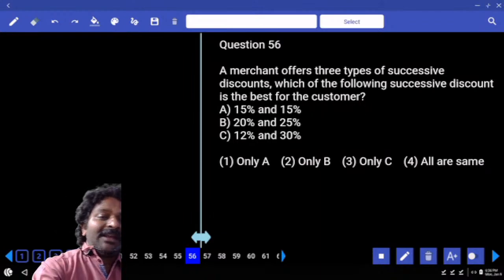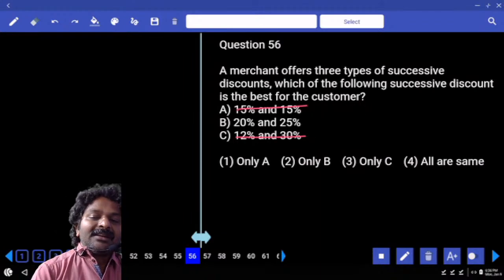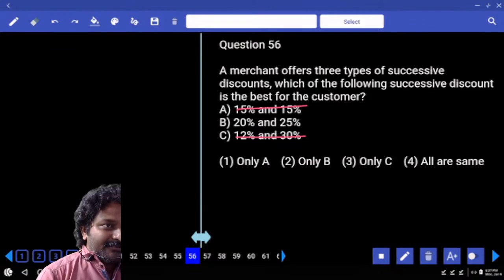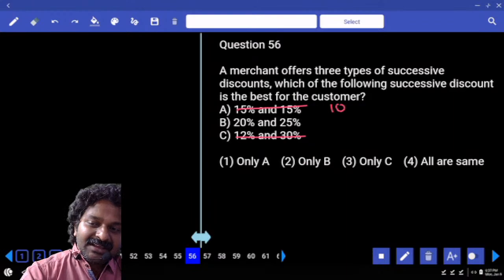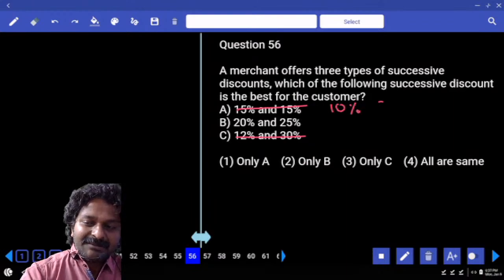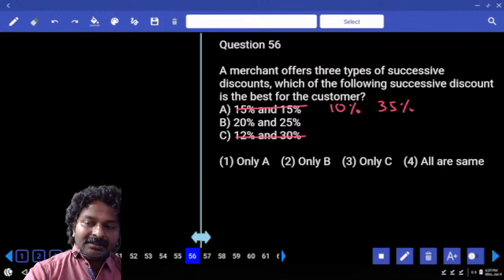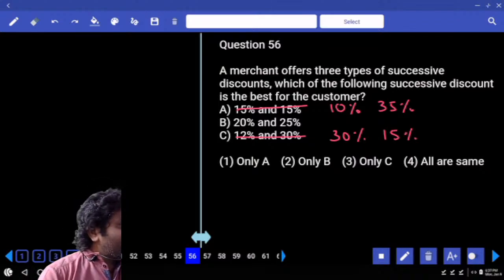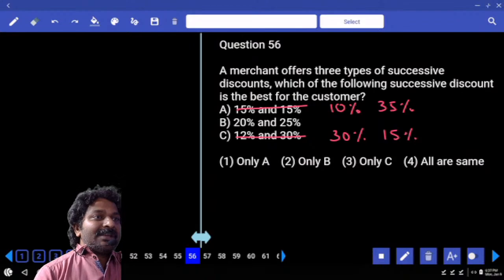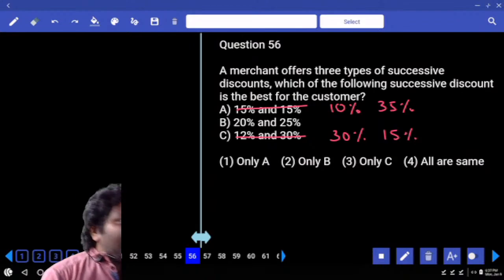Now sometimes what will happen, here the second option says 20 and 25, sum 45, correct? Sometimes they will say first discount is 10%, next discount is 35. Third option, first discount is 30%, next discount is 15%. Now if you add both values, everywhere it is 45, 45, 45, correct?